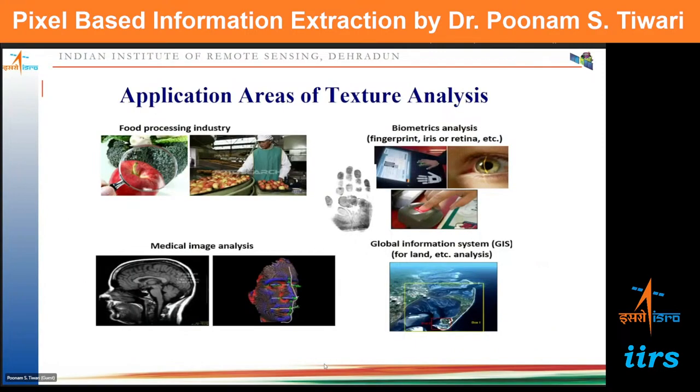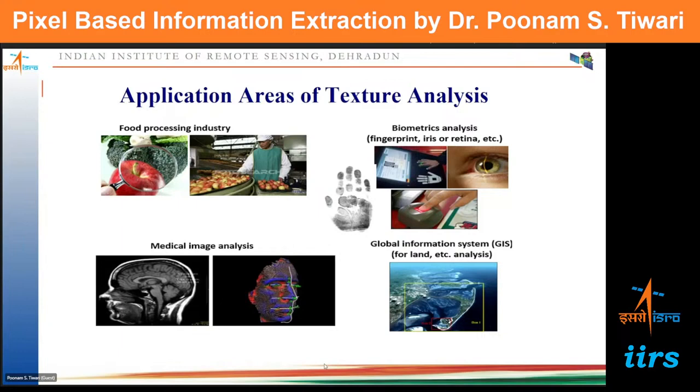There are a large number of applications in which image textures are used. It is used in the food processing industry to know whether the fruit has ripened or not, so what is the quality of the food. Then biometric analysis, the fingerprint analysis, iris, how do you locate a person based on the fingerprint or retina or iris.